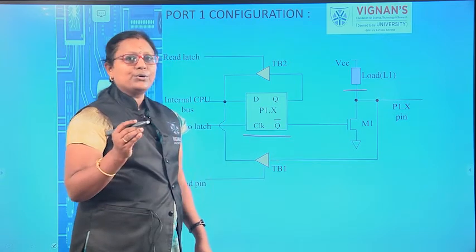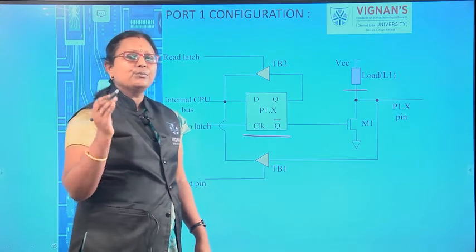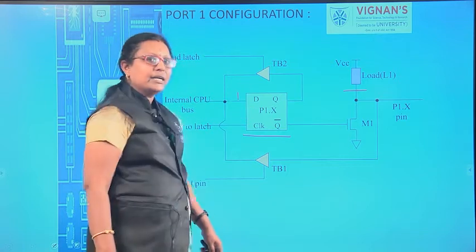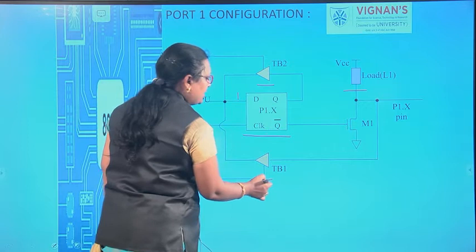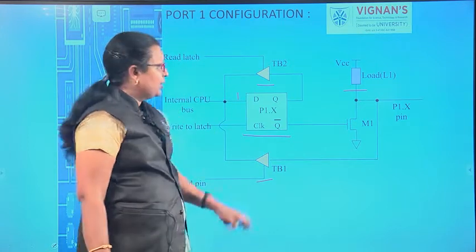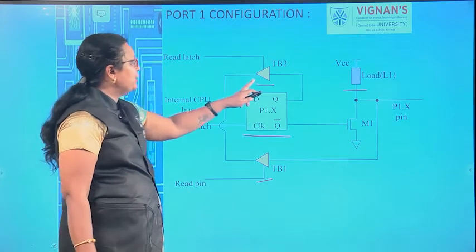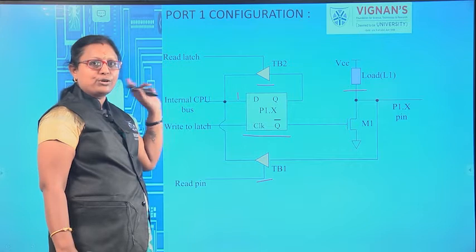As I told you already, your ports will be in the output condition. If you want to move to the input mode, you have to write 1 into that particular latch. We are using 2 buffers, TB1 and TB2, here. Your TB1 buffer will be controlled by the read pin, and TB2 will be controlled by the read latch pin, as in the port 0 configuration.